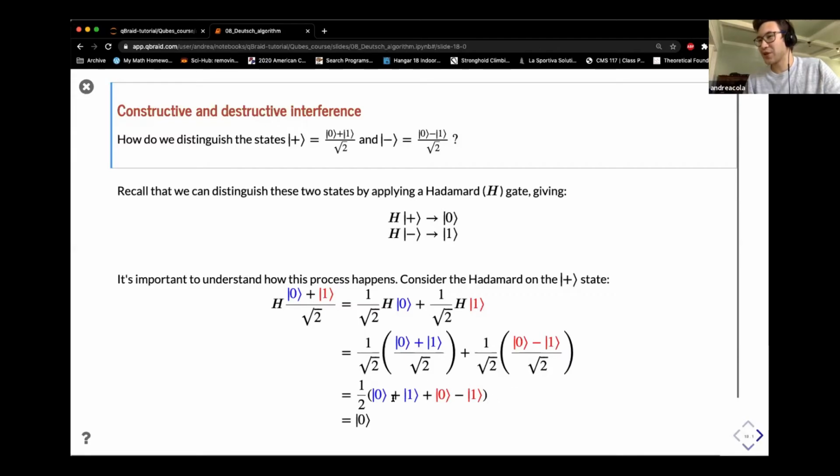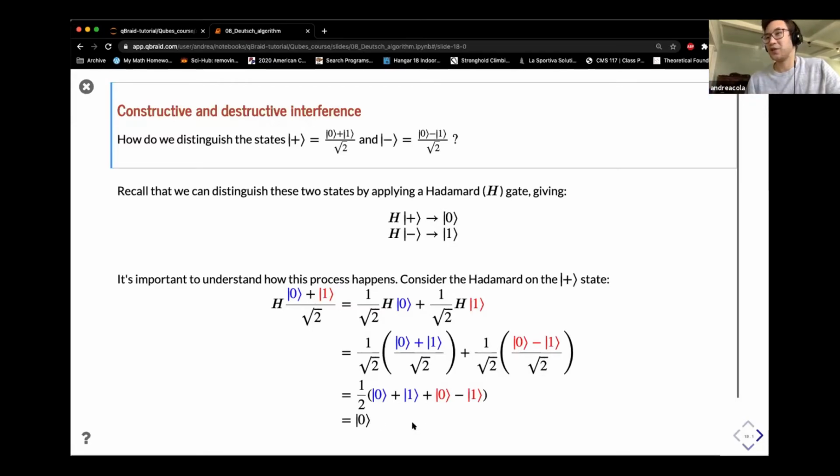And crucially, the blue 0 and the red 0 interfere constructively. And the red 1 and the blue 1 cancel out. And that's why, if I apply H to ket plus, I end up with ket 0. So there's this interference going on.